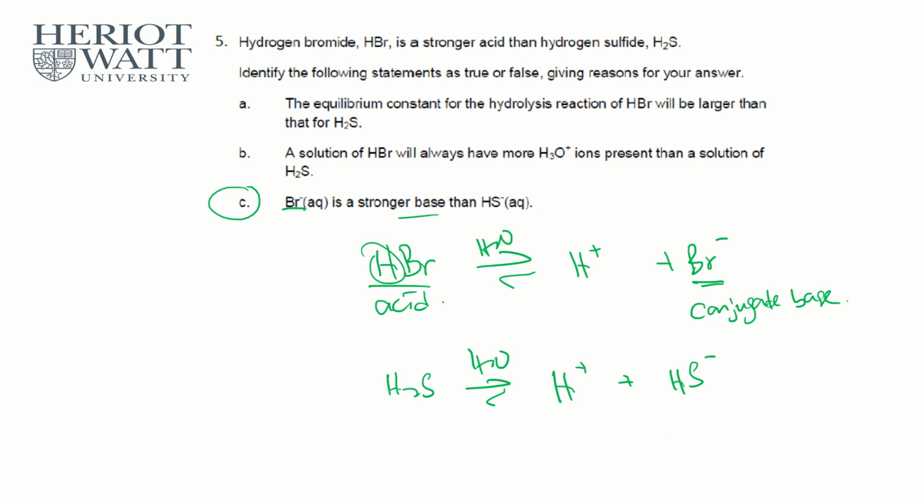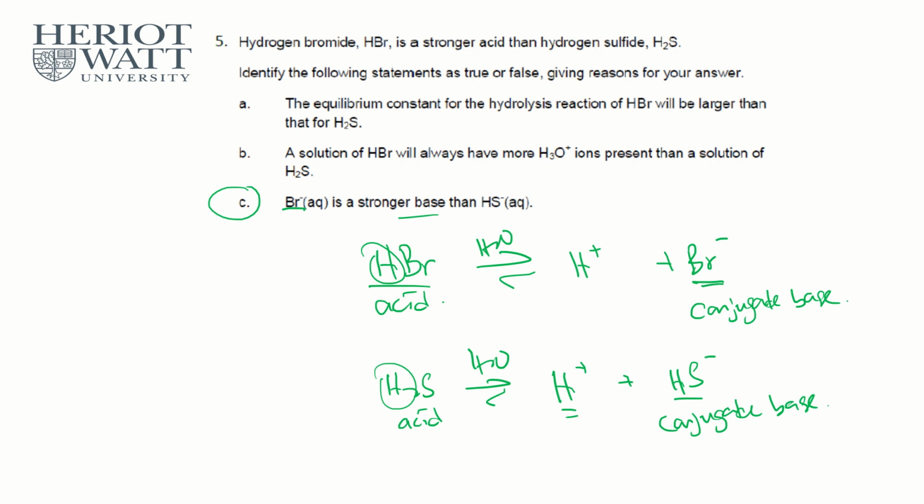So H2S is supposed to be an acid, but a weaker acid than HBr. And what happened after they donate the H plus? Donated the H plus, it turned into a conjugate base. Okay, so now I clarify. Br minus and HS minus both are actually bases. Make sense? And how do we know Br minus is a stronger base than HS minus?